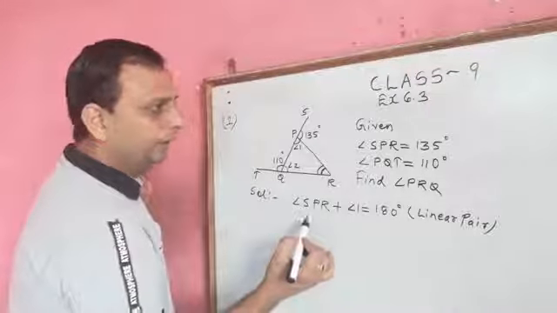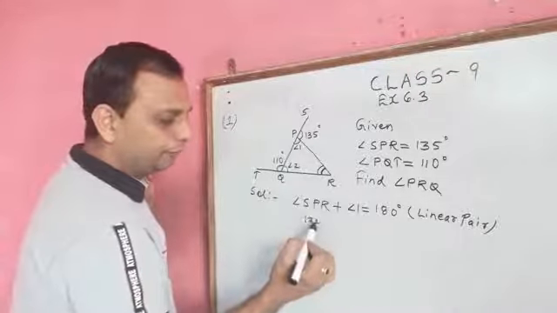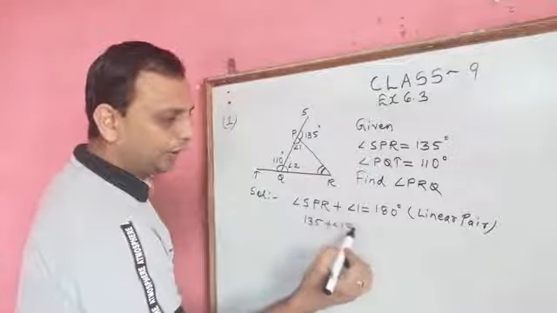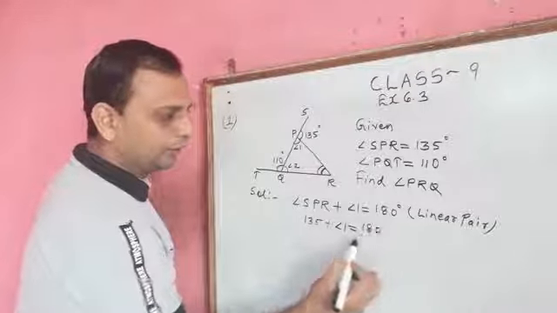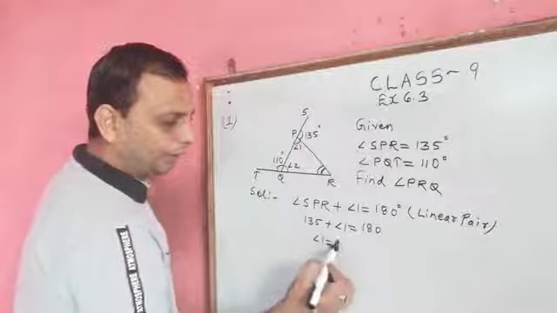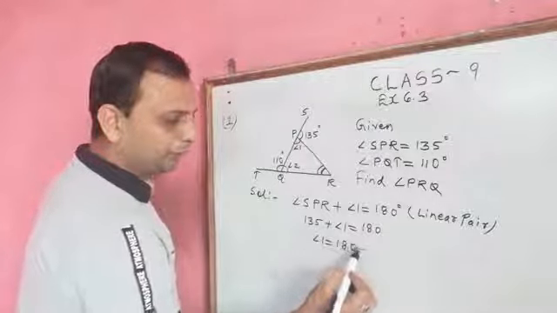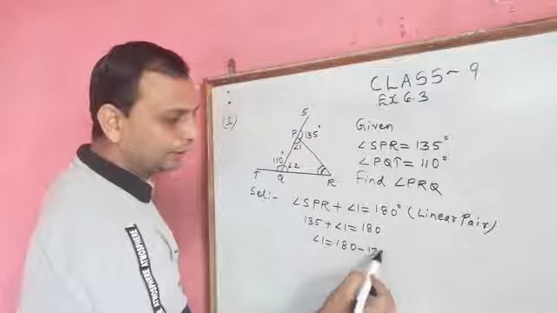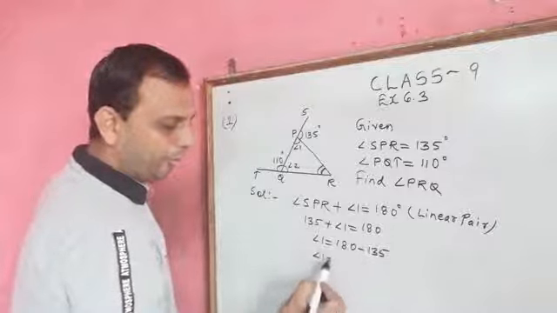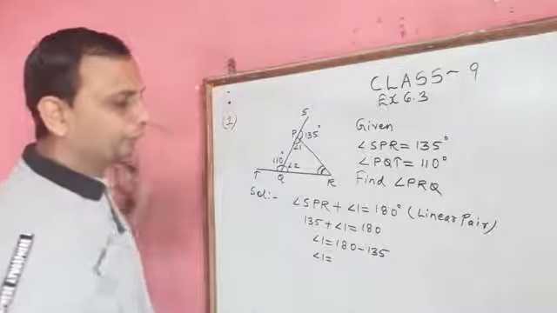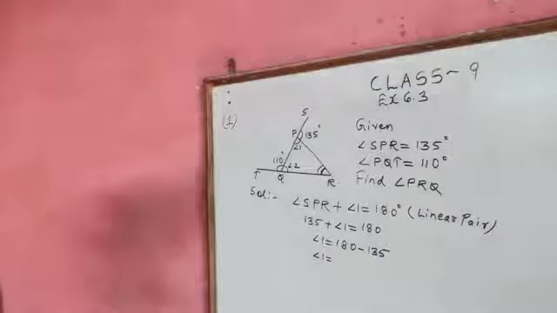SPR is 135, so angle 1 is equal to 180 minus 135, which is equal to 45.